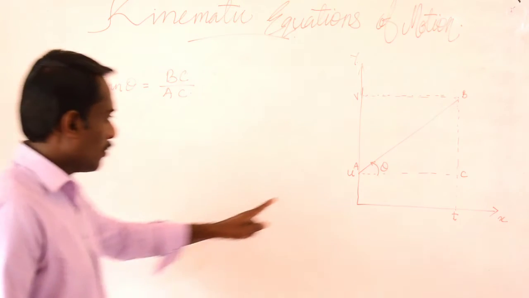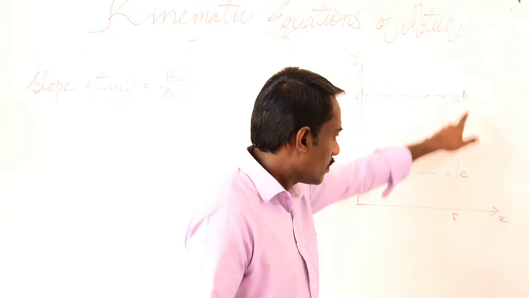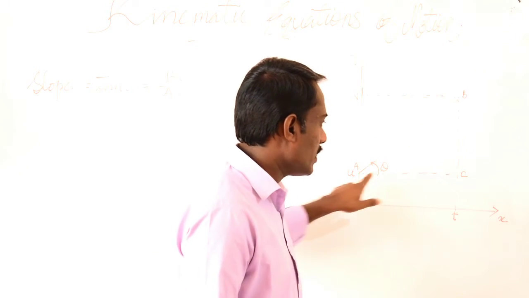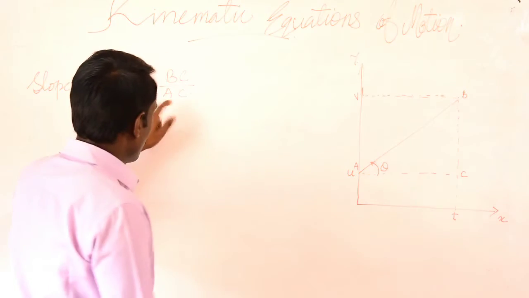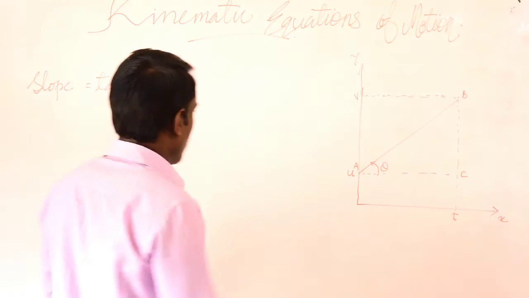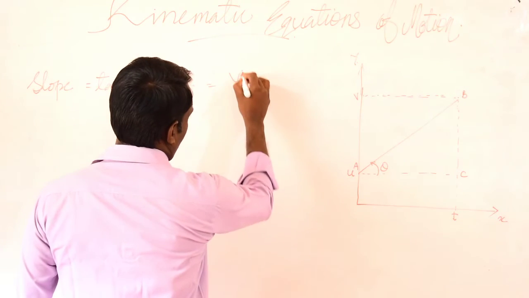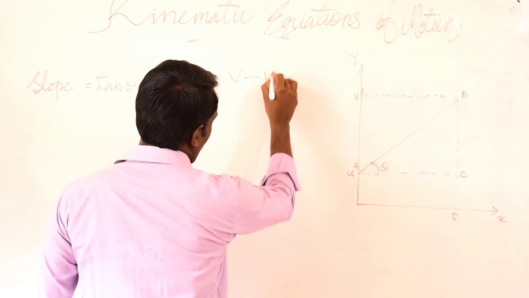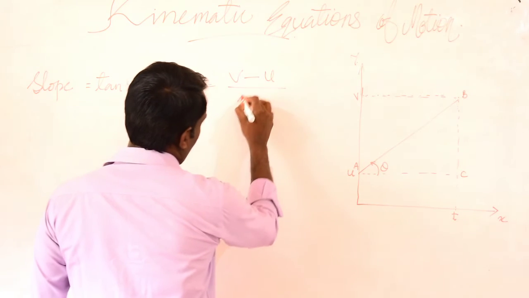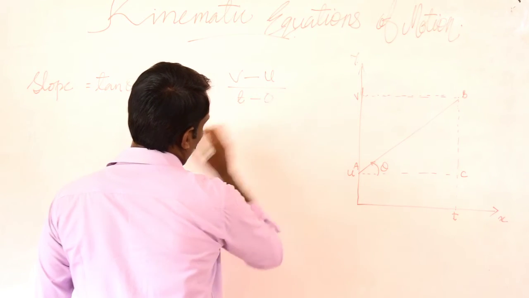BC is the change in velocity and AC is the change in time. So BC is equal to what? Change in velocity. The change in velocity can be written as final velocity minus initial velocity, and AC is the change in time, that is t minus 0.